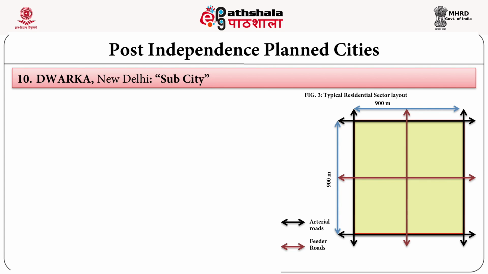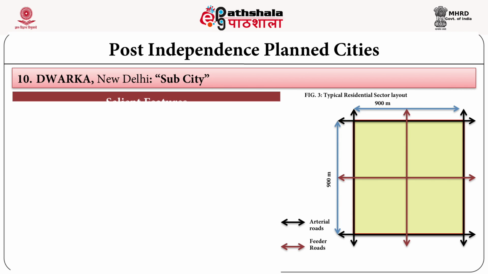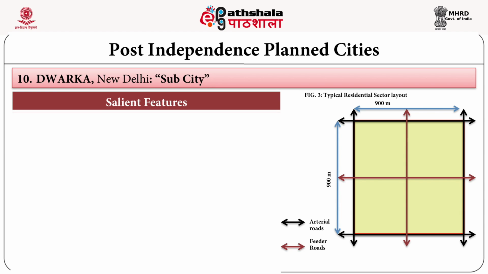And now we come to the salient features of the plan. The plan had 29 sectors, and there was a typical residential sector layout, about a square of 900 by 900, with an area of about 81 hectares.